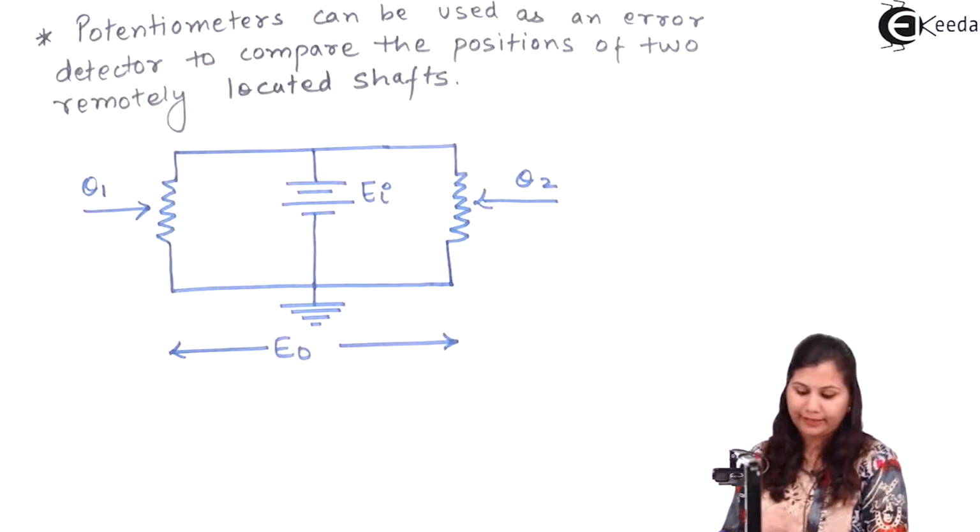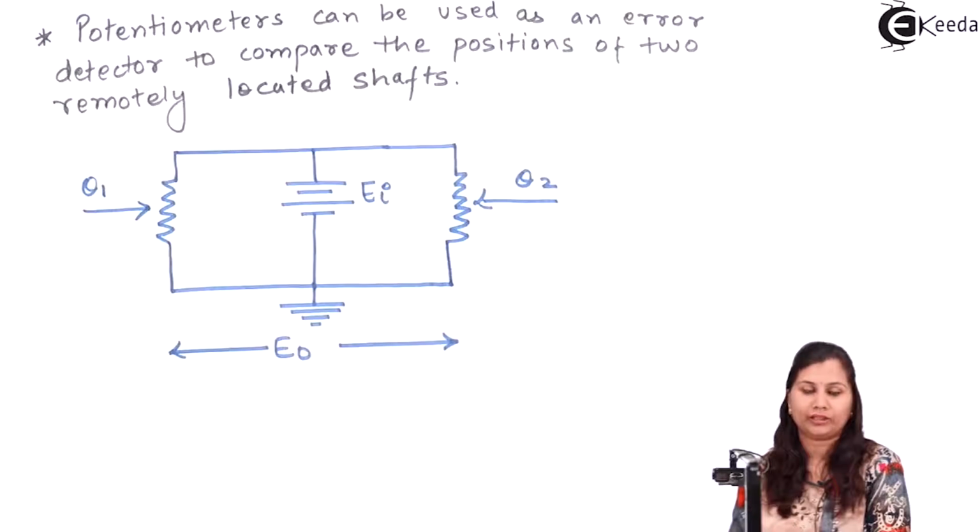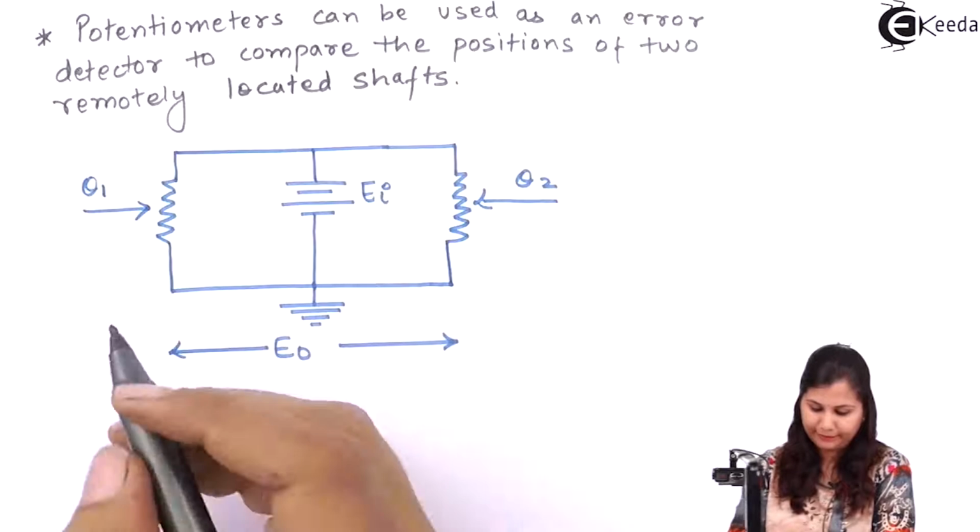So this is the circuit diagram when we want to use the potentiometer as an error detector.